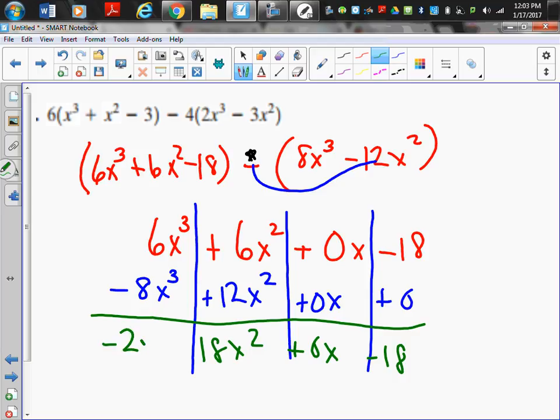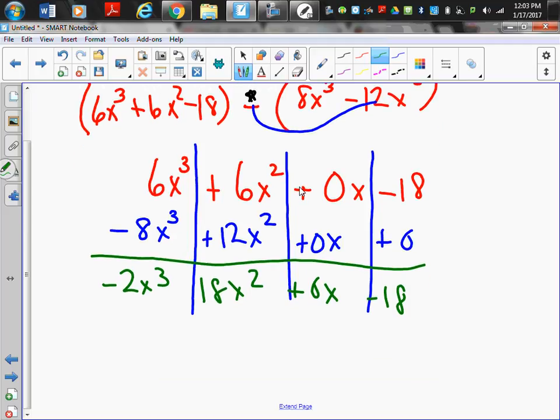Good. So your answer in standard form would be negative 2x cubed plus 18x squared minus 18.